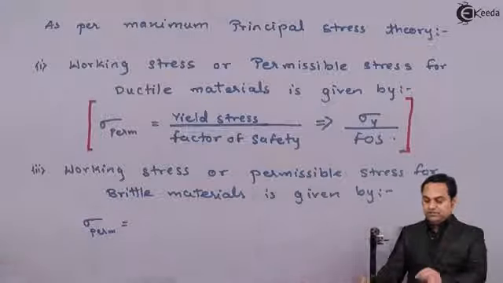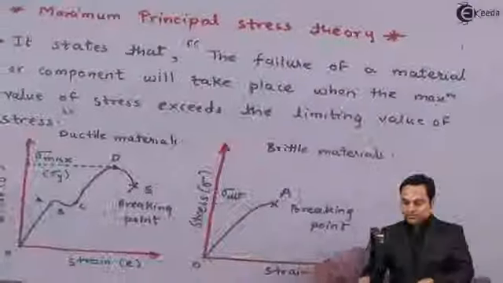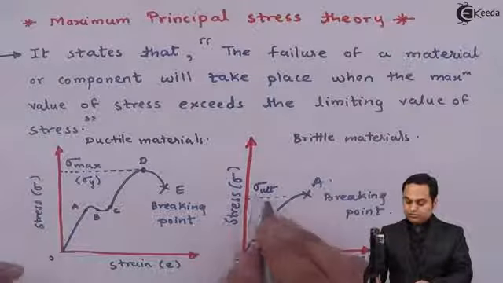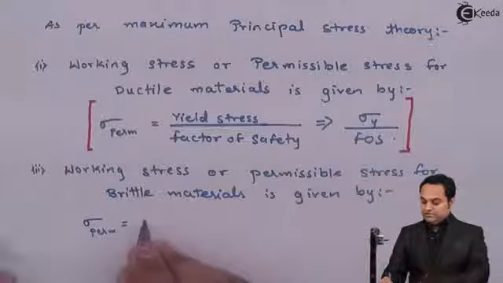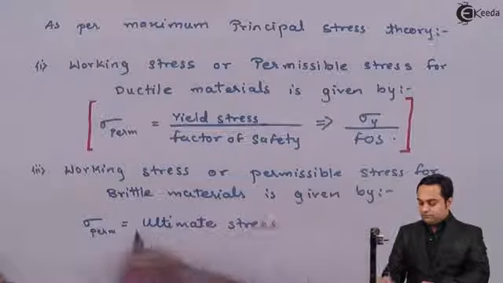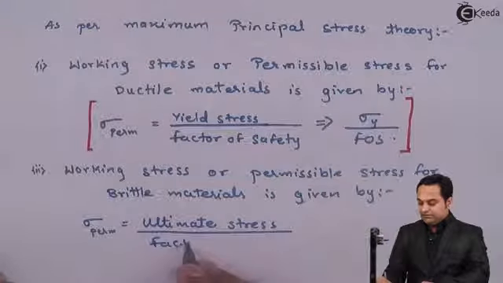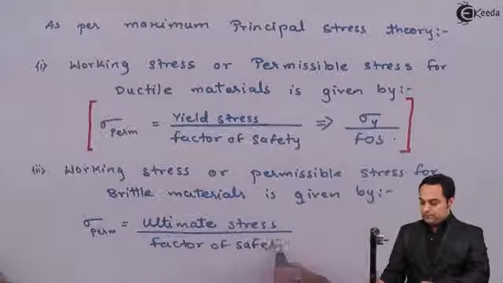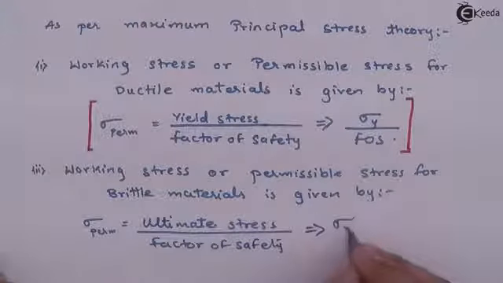For brittle materials, the maximum stress at which the material breaks is called sigma ultimate, that is ultimate stress, upon factor of safety, which is sigma ultimate upon FOS.